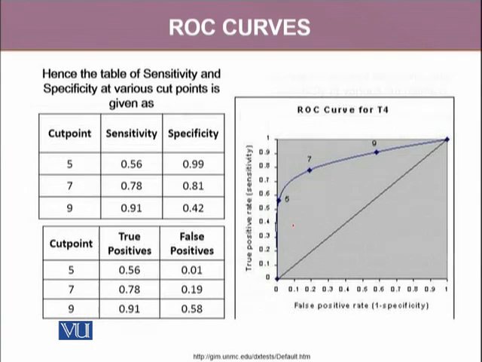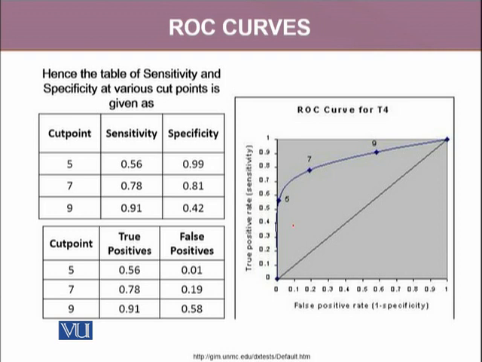But let's draw an ROC curve. An ROC curve takes the false positive rate, which is 1 minus specificity, on the x-axis, and the true positive rate, which is sensitivity, on the y-axis.